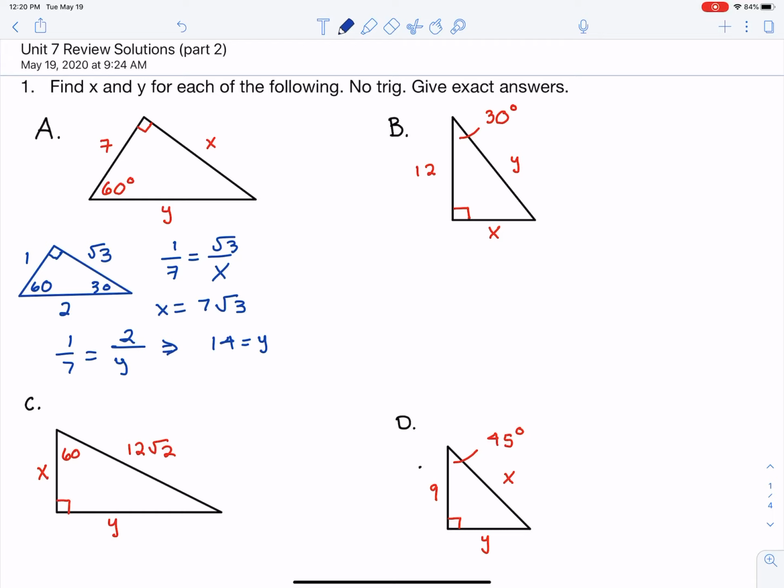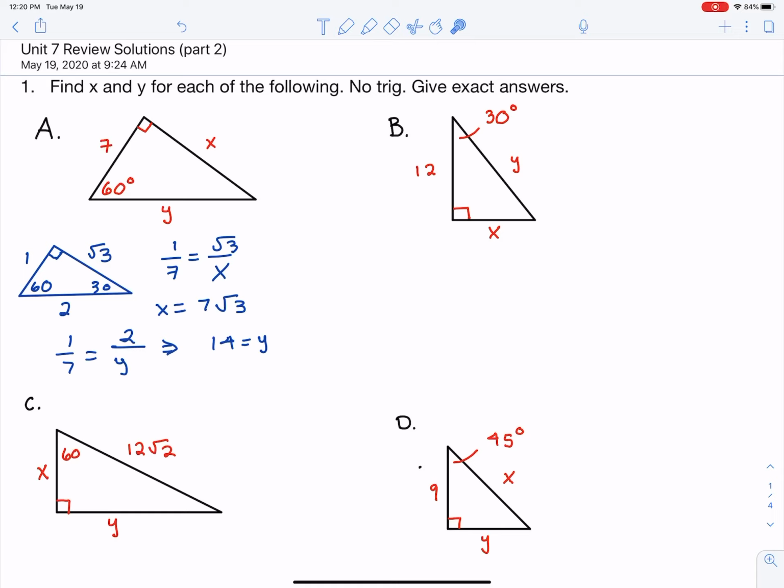So again, I can always set up similar triangles like I did before. But if I look at this triangle right here, and I look at the ratio of the sides, notice this side right here and this side. The hypotenuse is twice as large as the small side. So if this is my small side and this is my hypotenuse, and the hypotenuse is twice as large, then we know y has to be equal to 14.